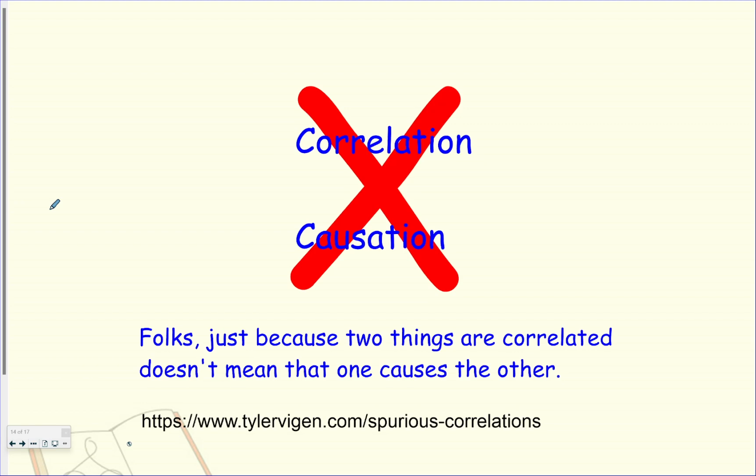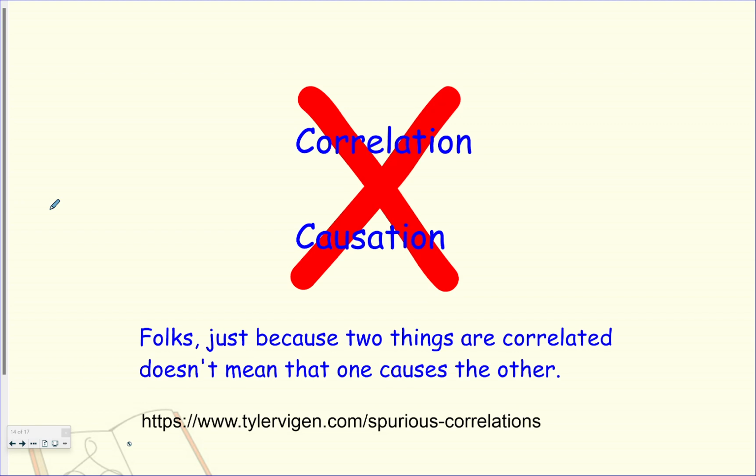And just because we see a correlation does not mean that X is causing Y or Y is causing X. So big hands do not cause people to be tall. Being tall does not cause people to have big hands. They just happen to have a relationship. Now, is there something else that's causing those to happen? Sure, biology, right?